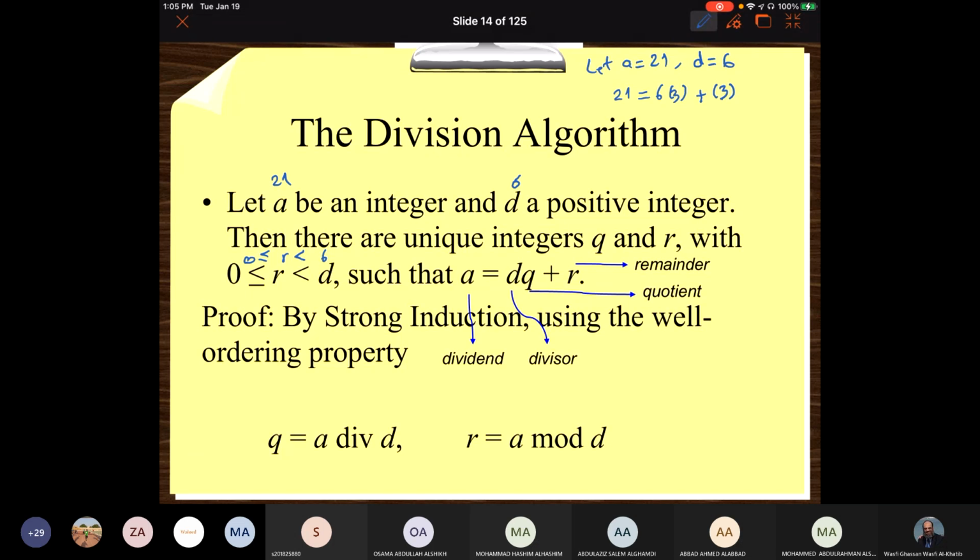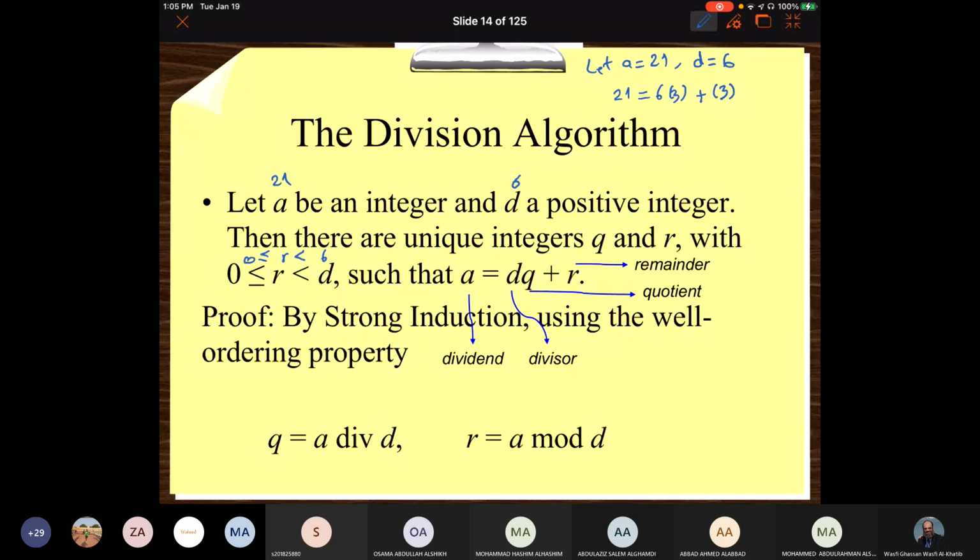Therefore, the quotient is basically A div D, and the remainder is A mod D.